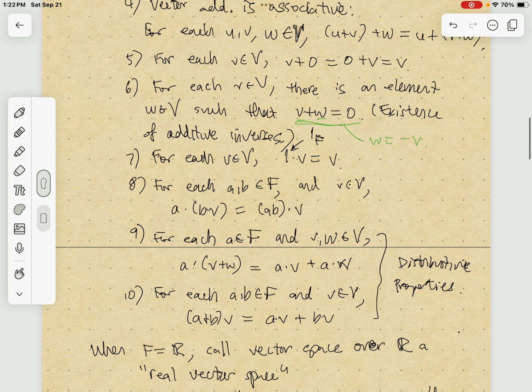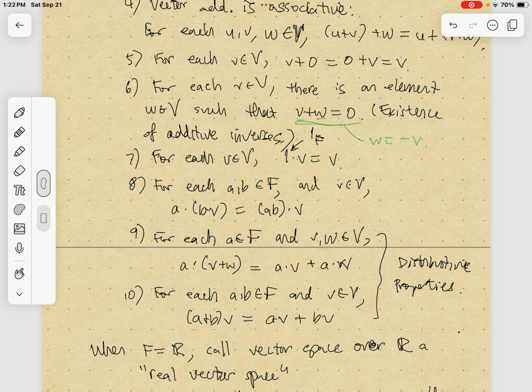Okay, let's continue. Do we need to check property 6? Yes, we do. Because if you have a subset and an element in the subset, it's not automatically guaranteed that the additive inverse is in S. That there is an additive inverse in S, I should say.